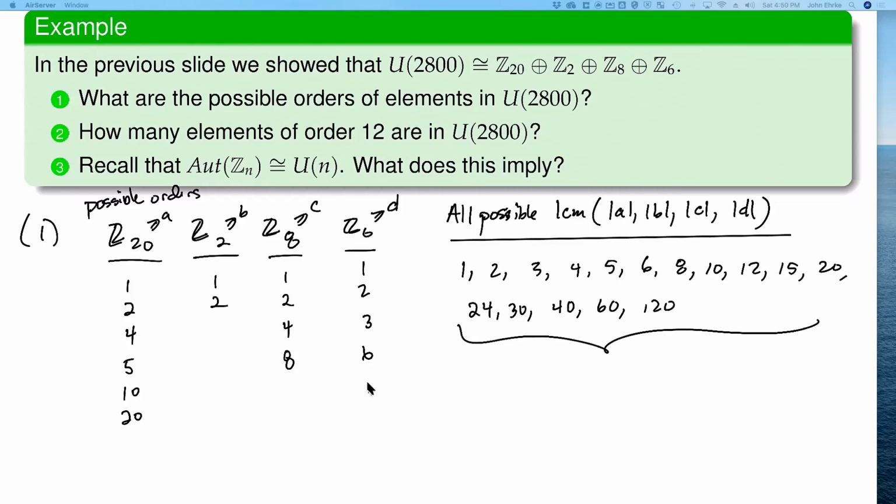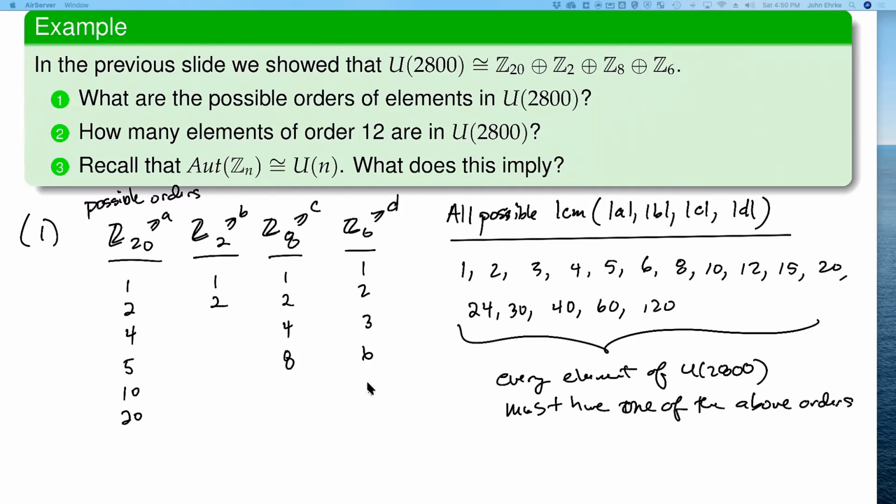This means that every element of U2800 must have one of the above orders.